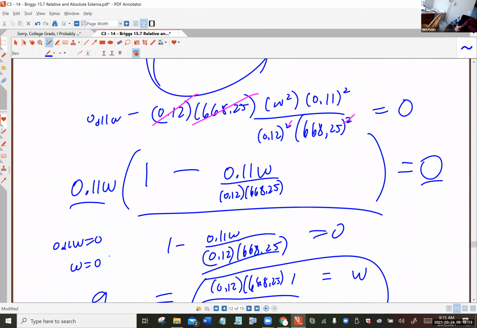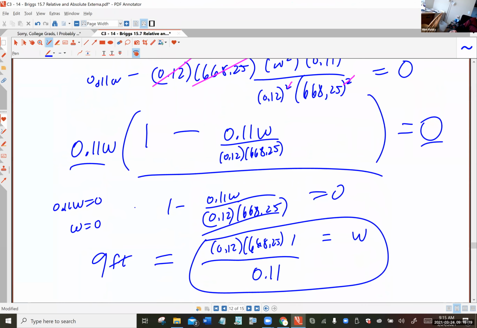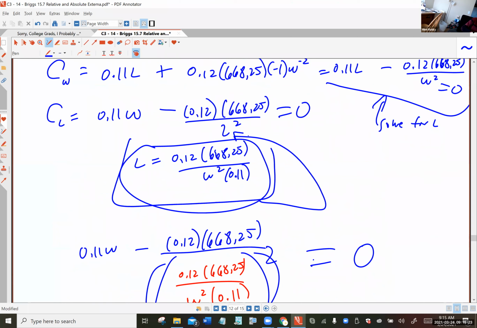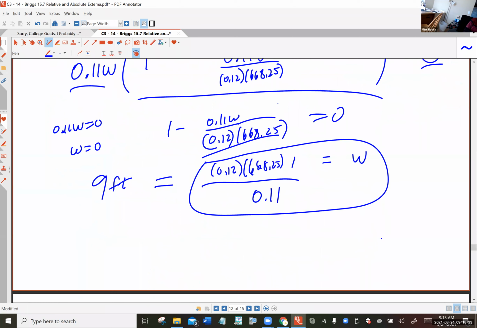So it'll turn out where your W is 9 feet. Then how do you get your length? Remember we solved for length up here. If you substitute W equals 9 in this L formula, believe it or not, you'll get L also equal to 9. Can that happen? Sure.